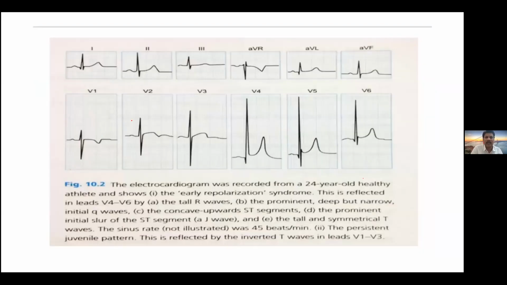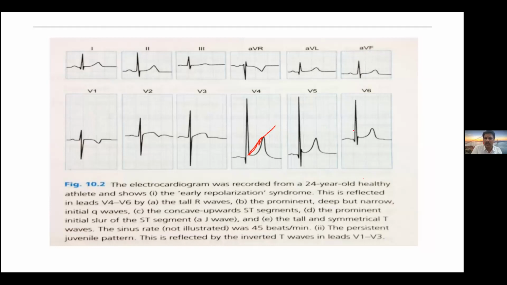So this is the typical ECG. See here this ECG. I'll take this segment. See the line which I am drawing, below which is the ST segment, which is concavity upwards.